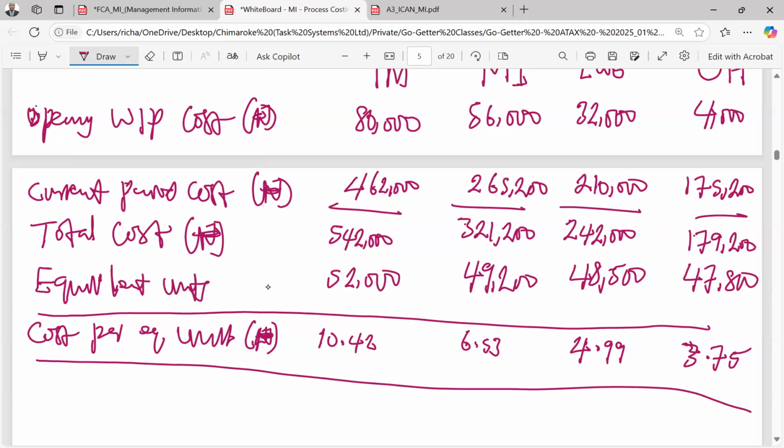So that's it. If you are to add all of them together, 10.42 plus 6.53 plus 4.99 plus 3.75, you are getting 25.69.